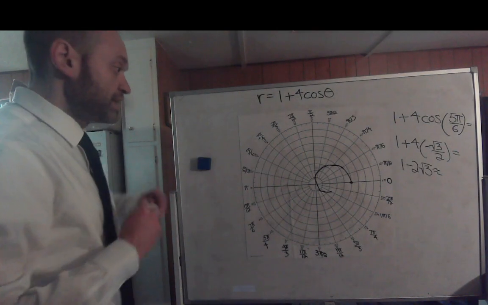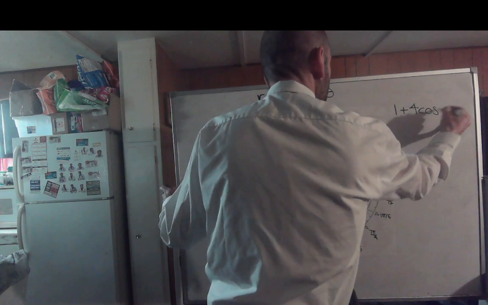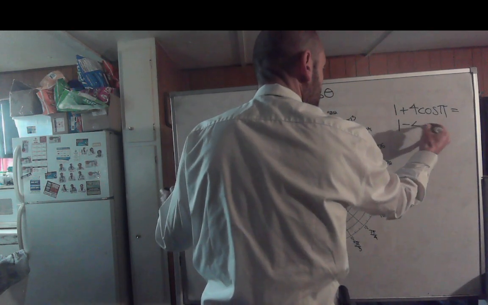Alright, now the next thing is pi. So what is the cosine of pi? Well, let's write this out here. So 1 plus 4 times the cosine of pi. Cosine of pi is negative 1. 4 times that is negative 4. So 1 minus 4 would give you negative 3.